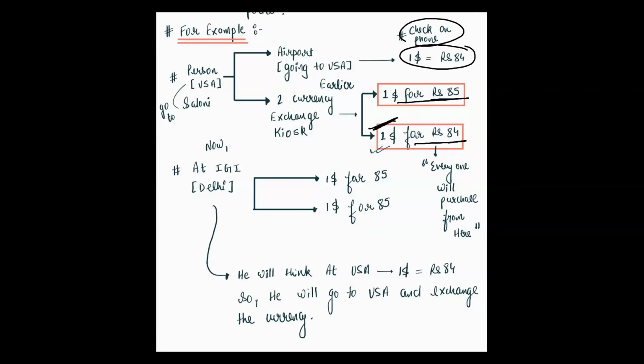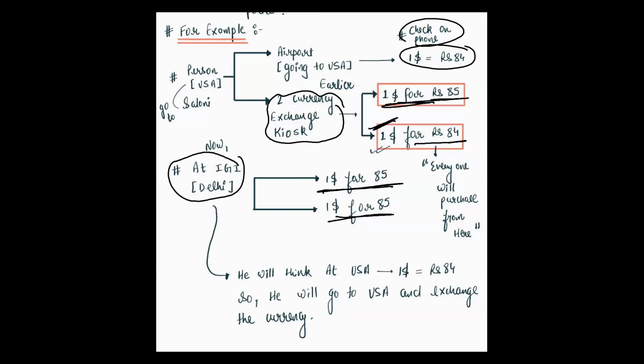And maybe one person, if he's traveling from India to USA, can check their exchange rate, suppose at IGI Delhi. At IGI Delhi, both of the kiosks have the same value. For $1 they are giving 85 rupees only. But he knows that in USA there are two kiosks.